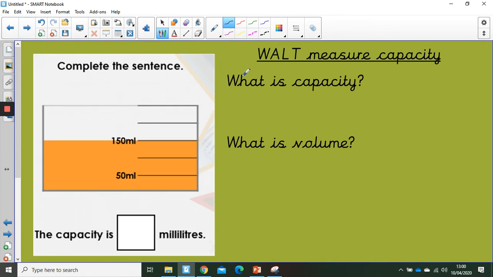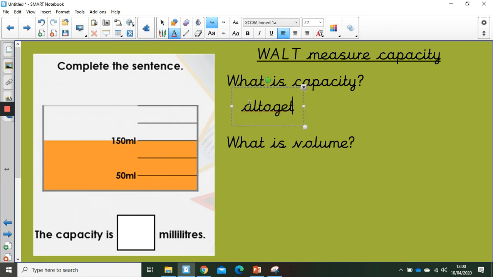Okay, let's just remind ourselves what is capacity and what is volume. We might be asked about both of those things. Capacity is the total amount that vessel can contain. The volume is the amount that is in there. So the capacity of this is how much it can contain altogether, to the top, let's say.